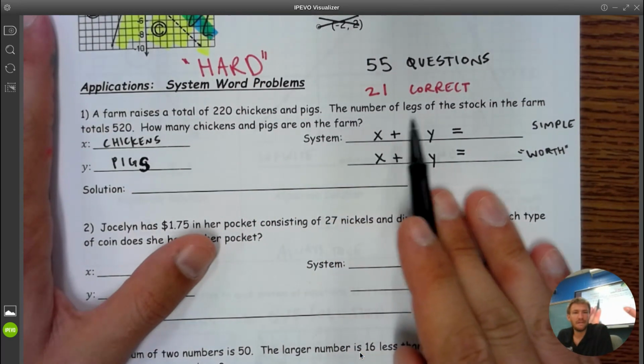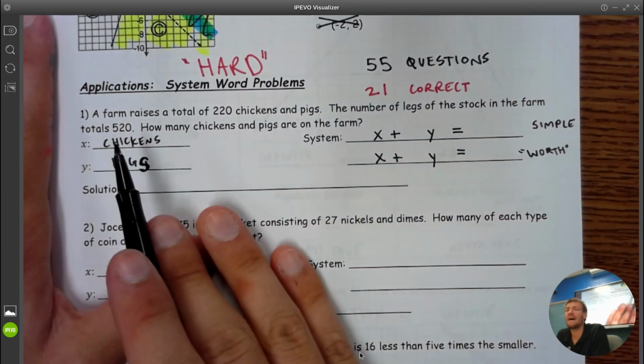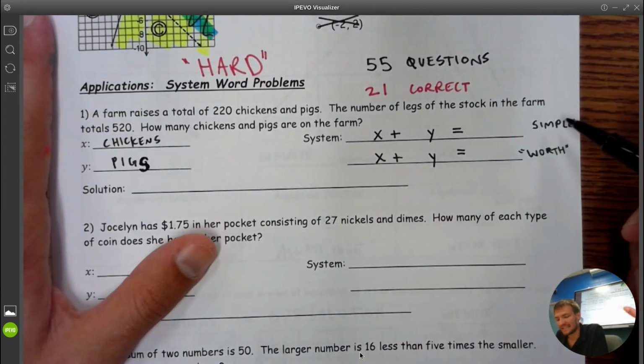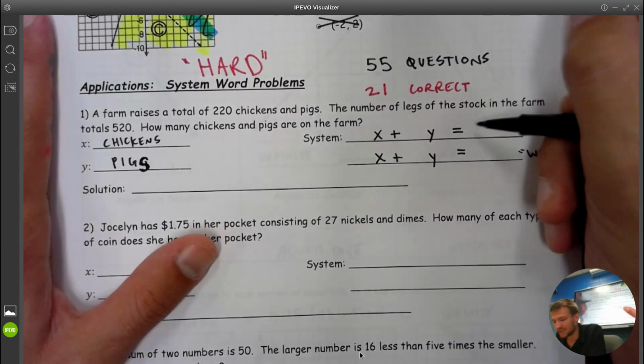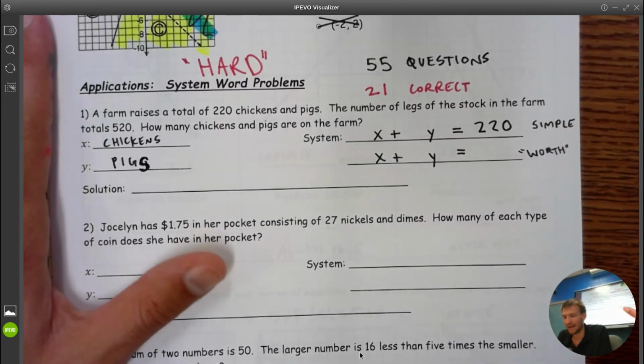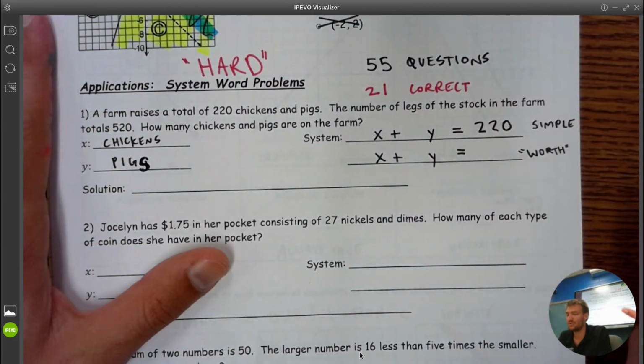The number of legs of the stock in the farm totals 520. So what we're going to end up with is this simple equation is just going to be x plus y equals 220, right? This is just straight up, take your chickens plus your pigs and you get 220.